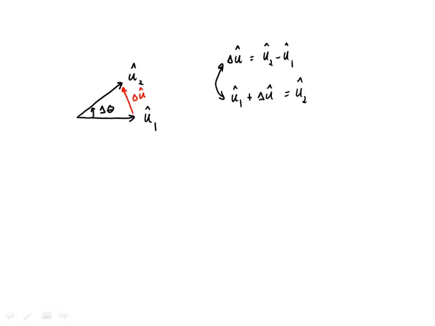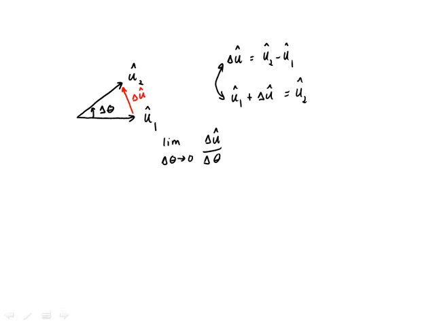No problem. All right, so what I'm interested in is what happens as I take delta u and divide by delta theta. And more importantly, what is the limit as delta theta approaches 0 of this delta u over delta theta?